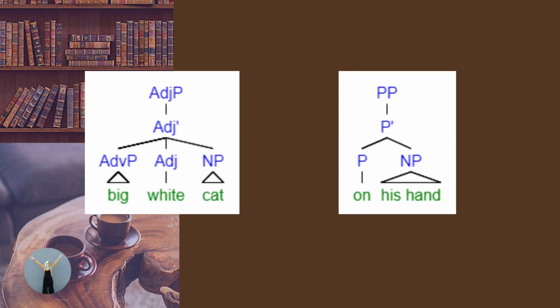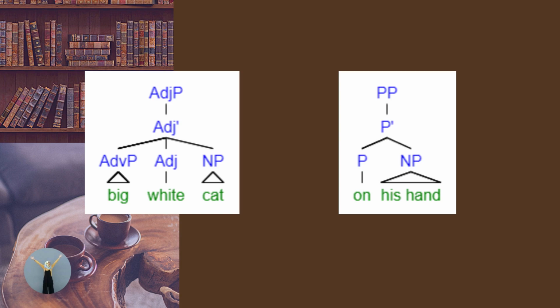A complement is the daughter of a single bar, the P-bar here, and you will see that the NP is a sister to the head, the P without the bar. So this is a complement. A complement is very important compared to an adjunct. An adjunct, even if you remove it, is not going to affect much. You could say that about other tree diagrams too.